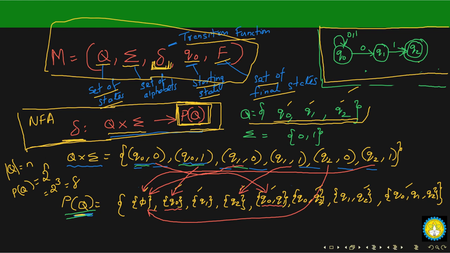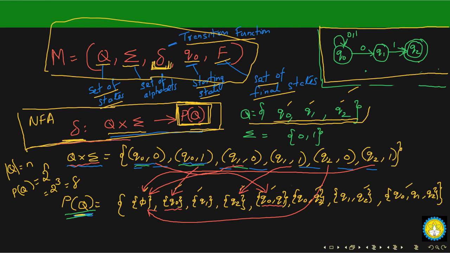So you can see that from Q cross sigma, you have mapped every item to a single item in the power set of Q. Every item in Q cross sigma is mapped to one of the items in P of Q, the power set of Q. So that is guaranteed, and now the definition is holding here.